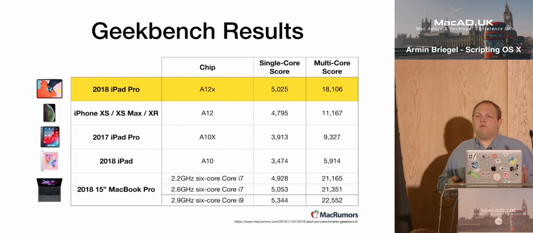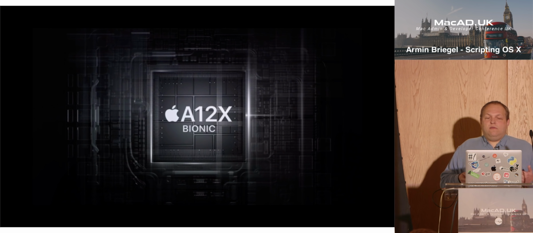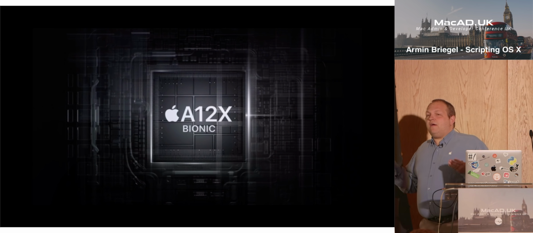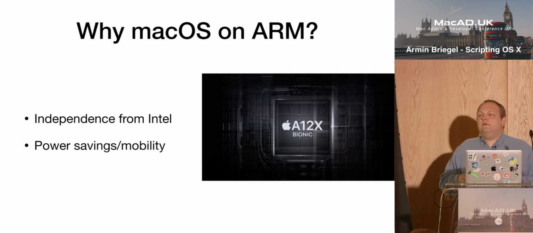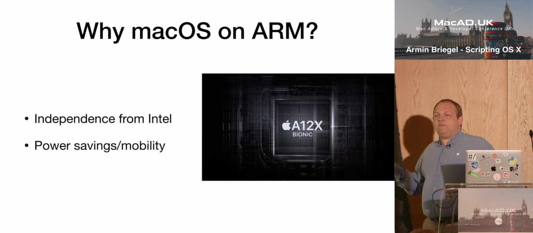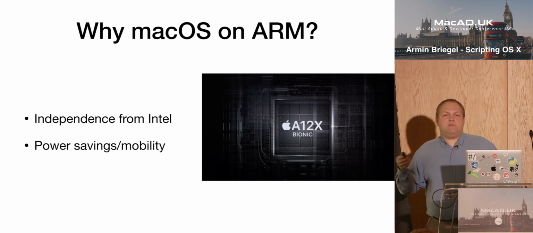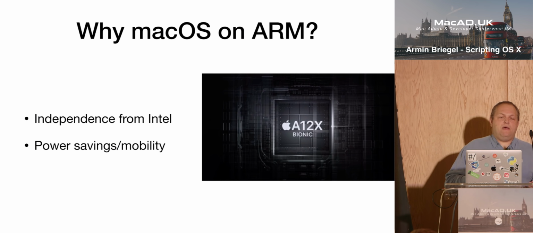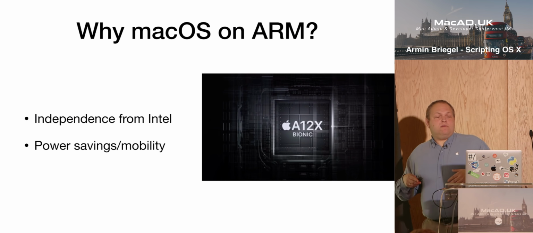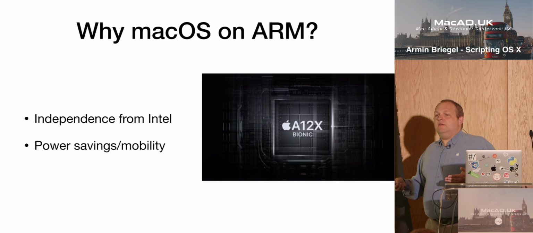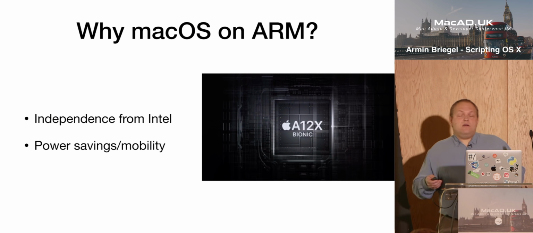It competes with the higher-end MacBooks. So yeah, wouldn't it be nice if we had that in a notebook, in a laptop? It would make Apple independent of Intel, and being dependent on Intel's release cycle has certainly burnt Apple in the past. And also ARM chips need less power and are better for mobility.